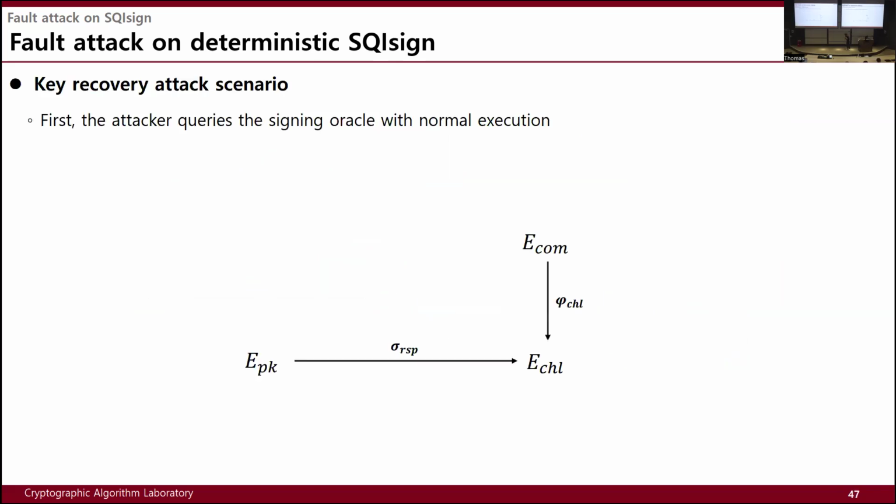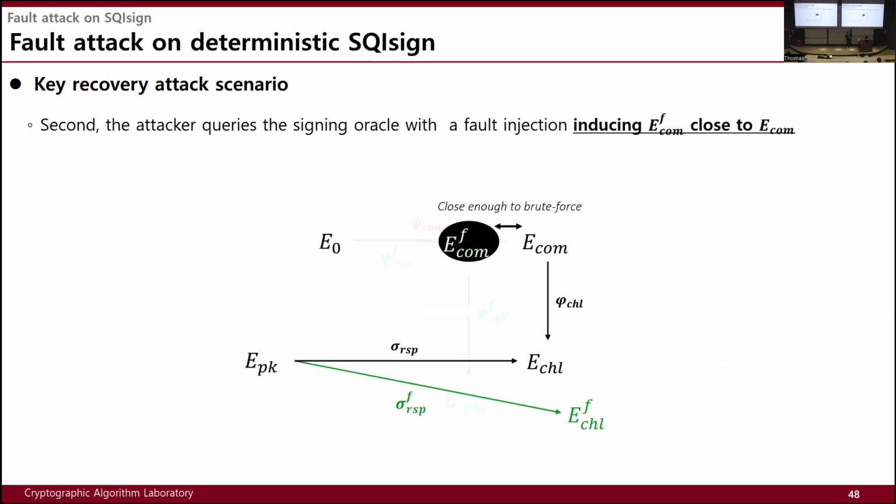This is how it works. First, the attacker queries the signing oracle with normal execution. Second, the attacker queries the signing oracle with fault injection, inducing a faulty commitment curve close to the commitment curve.